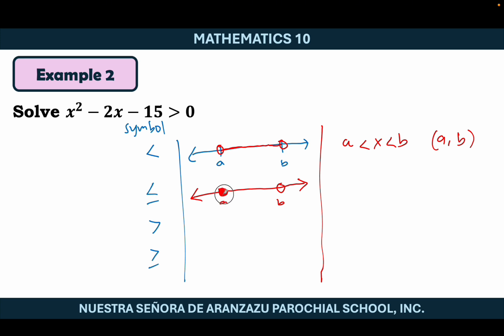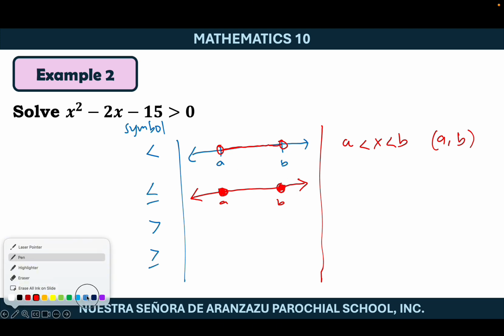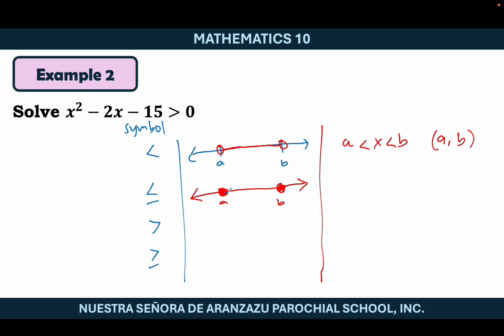Kasi nga, less than or equal to yung ginamit nyo. Then, ang shadean nyo dito is yung in between of A and B, itong part na to. Ano lang yung pinagkaiba nila? Okay? Ang pinagkaiba nila, unshaded itong una, then yung pangalawa, shaded.